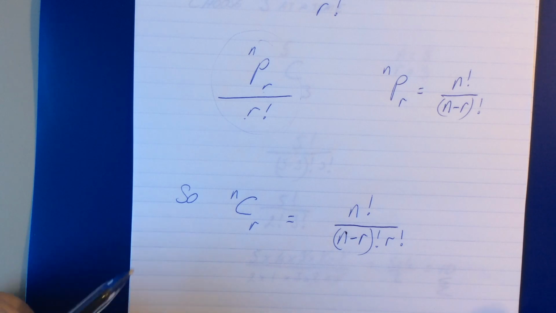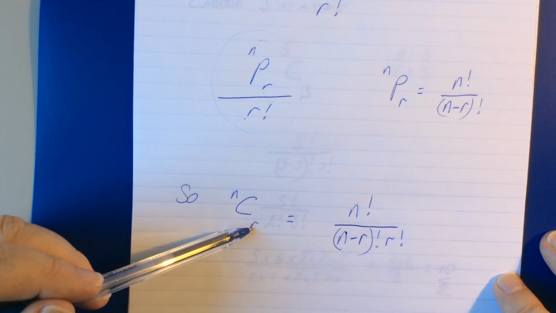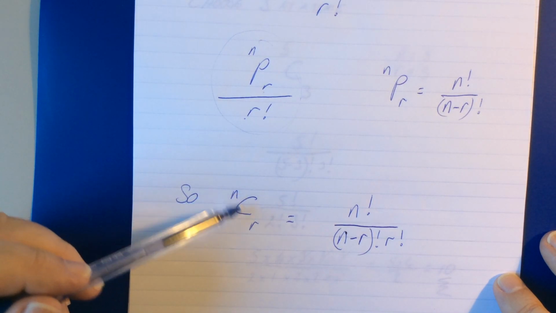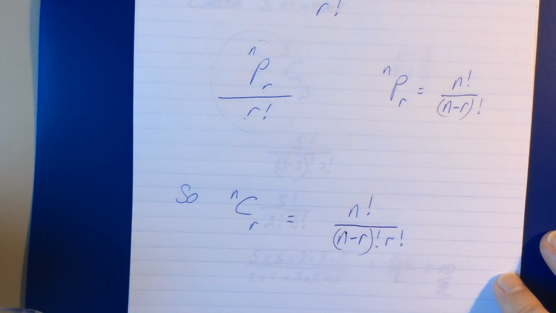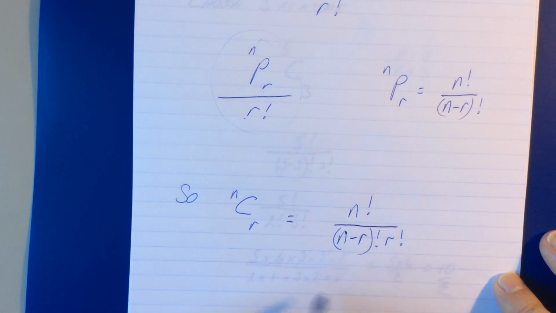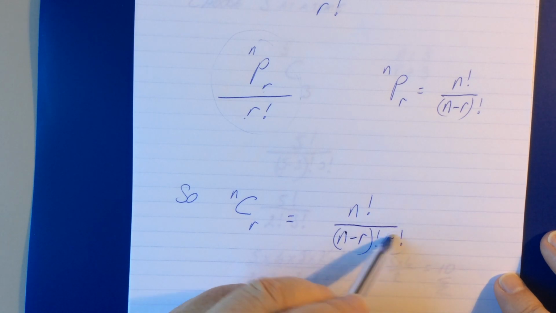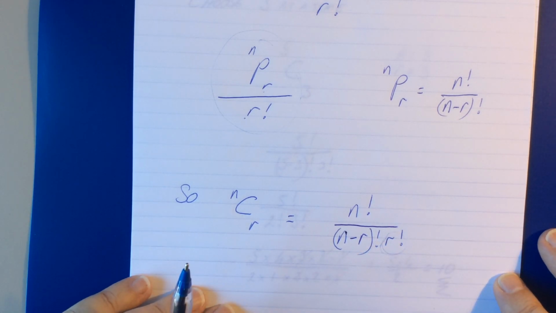So the formula for a combination nCr, or n choose r, where order is not important, is n factorial over n minus r factorial times r factorial. It's this little addition here that makes all the difference.